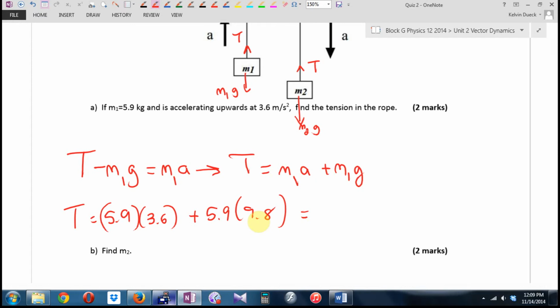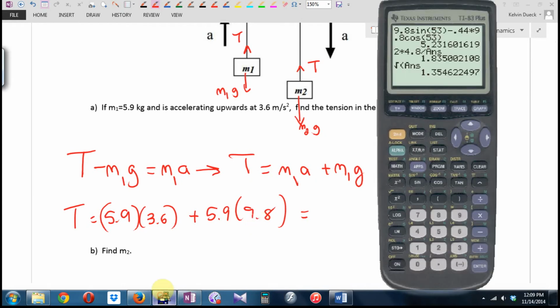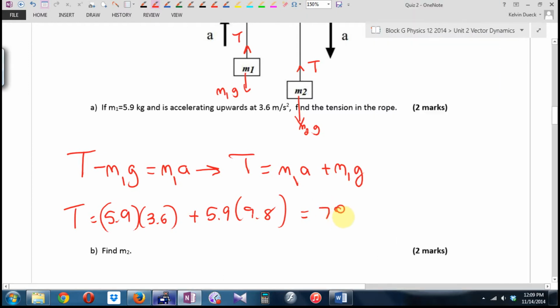Oh, yuck. It's going to be in the 80s somewhere, I think. Let me see. It's a Friday. Oh, just below 80. 79.06, is that right? Yeah. Is this a final answer? Then I'll go 3 sig figs.